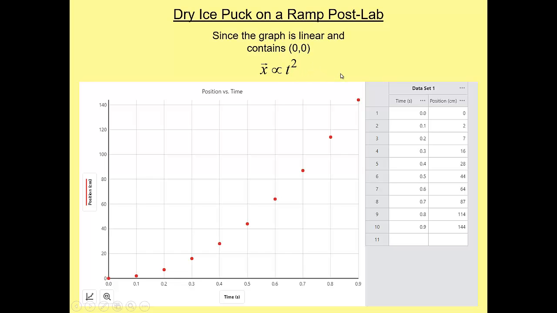And that makes all the difference in the world between this kind of motion, which we will eventually name, and constant velocity motion when the position was only proportional to the time. You let the toy car go for twice as long, it went twice as far. 3 times as long, 3 times as far. Not so easy here. But hopefully you can see it in your data as well as in my data.